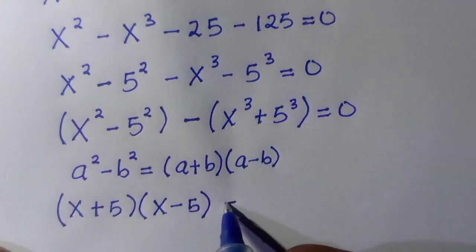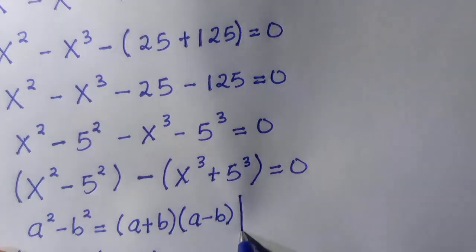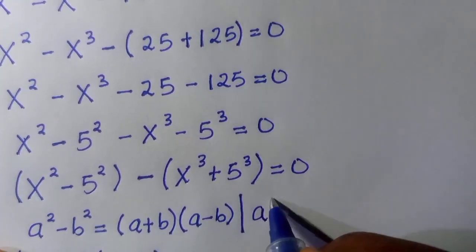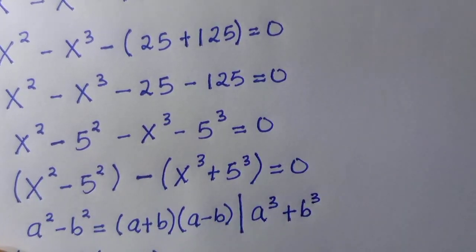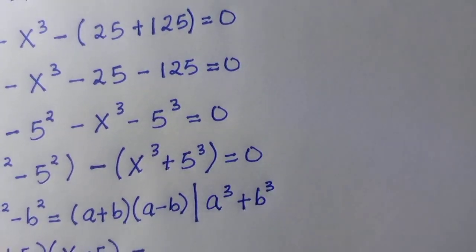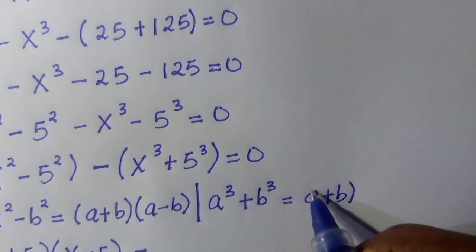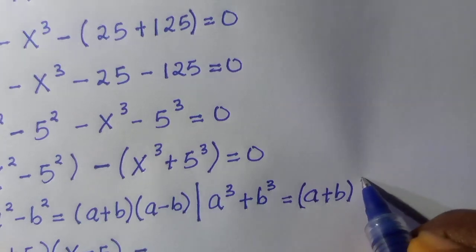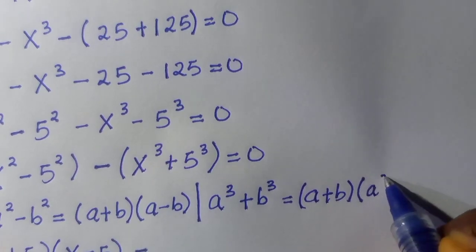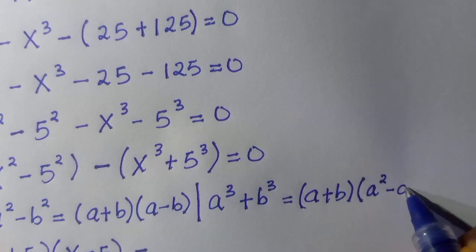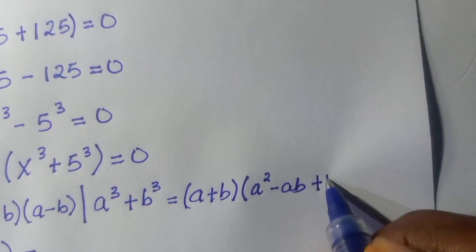Again, we have minus for x cube and 5 cube. If we have a to the power of 3 plus b to the power of 3, the result of this one also gives a plus b in bracket open bracket a to the power of 2 minus ab plus b squared.